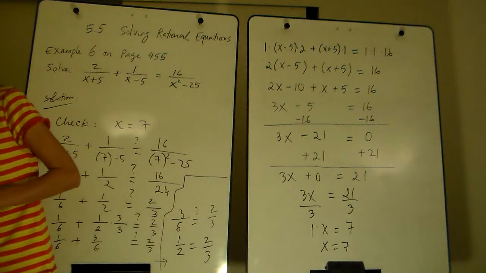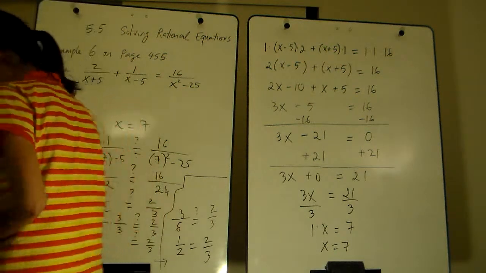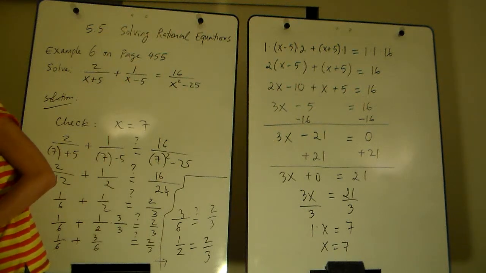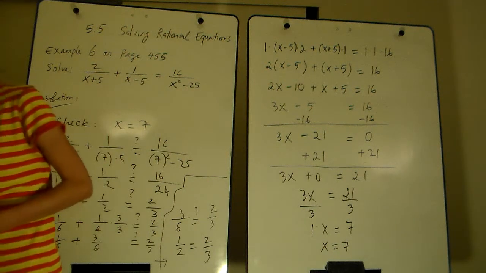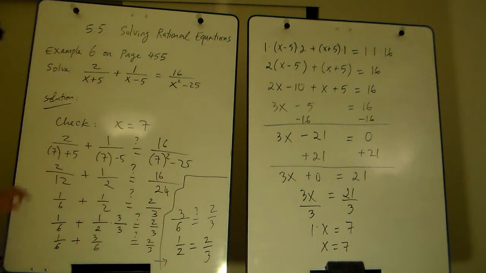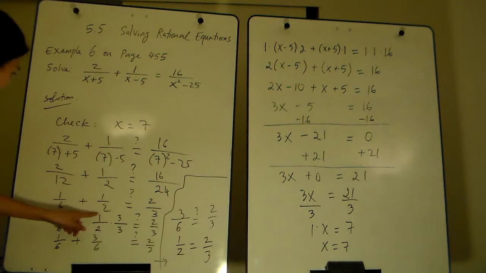So let me see, this is example 6 in your book. And it turns out this should be true, so I did something wrong. Let me see. I substituted 7 for x, and then 2 over 12 plus 1 half, 1 over 6 plus 1 half.